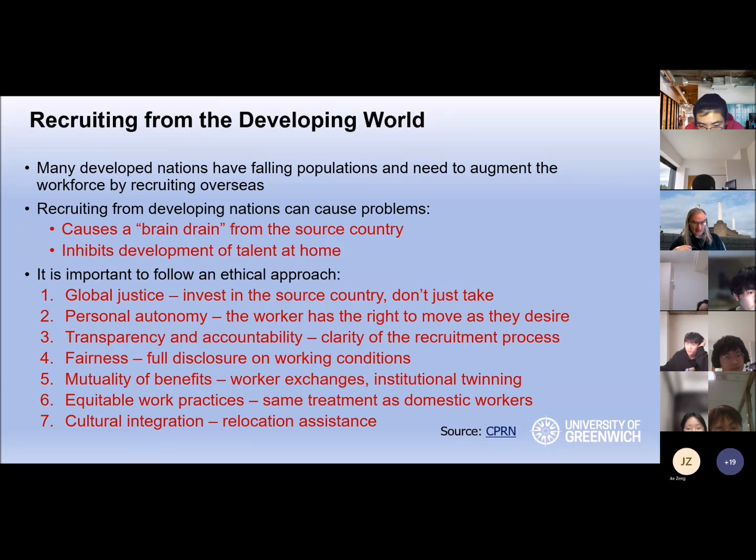So if you're bringing nurses or workers to your country, you're also developing a relationship with their country and what goes on in their country. They need to have the same treatment as domestic workers. Again, for ethical reasons, you need to respect the cultural differences and give them relocation assistance.